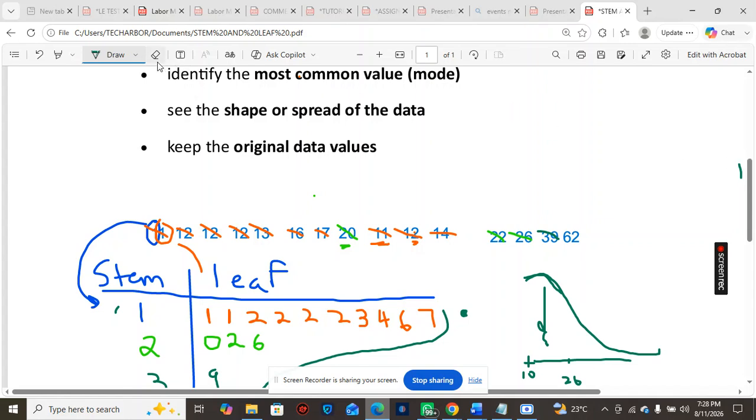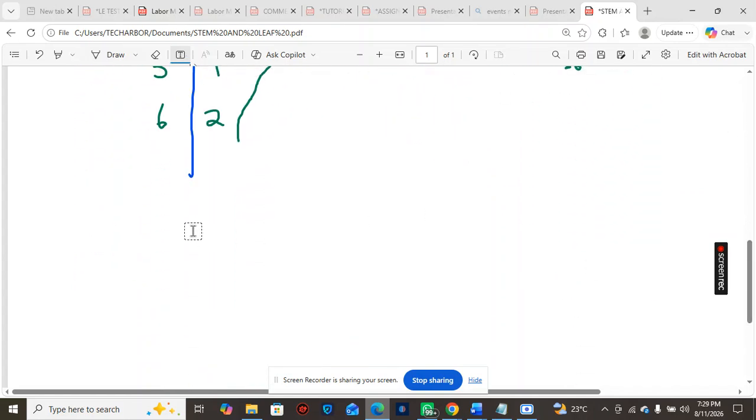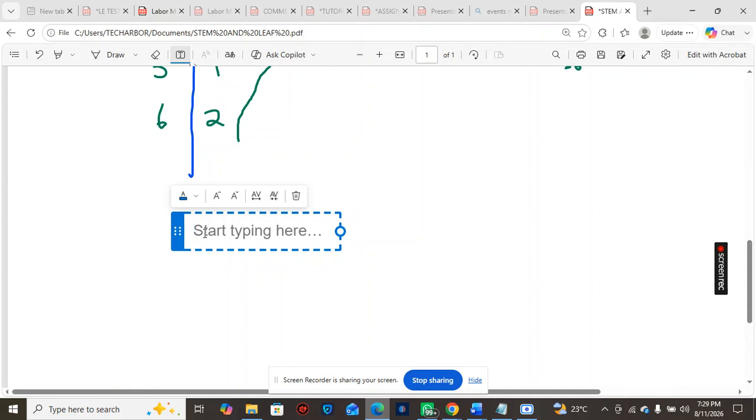Okay, let's see with 3-digit numbers now. Let's say we've got 101, 108, 108, 123, 128, 138.